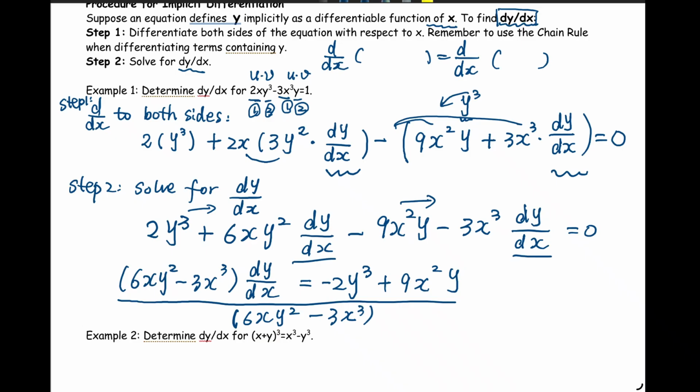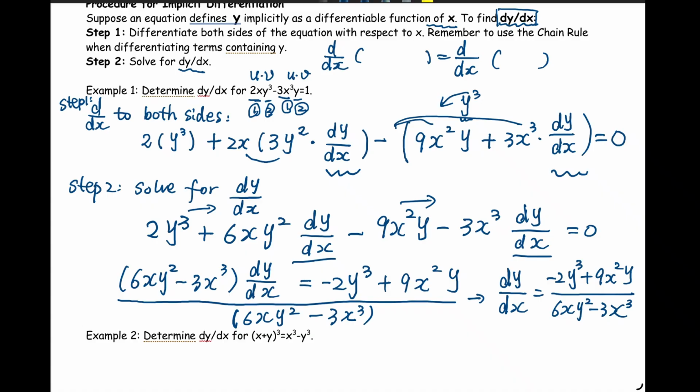Then the left side brackets cancel out. Then we have dy by dx equals negative 2y cubed plus 9x squared y, over 6xy squared minus 3x cubed. Then this first question is done.